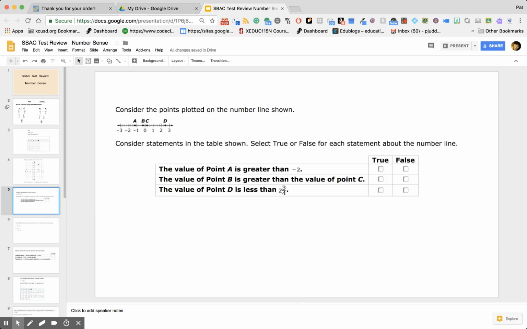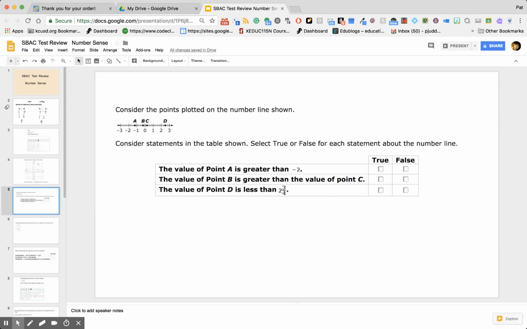The value of point D is less than 2 3/4. Here's 2, here's 3. Your number line is divided into fourths. Here's 2. This is in the middle between 2 and 3.